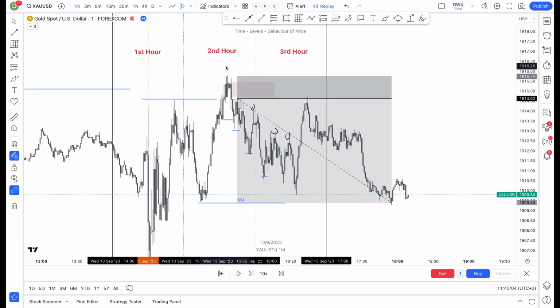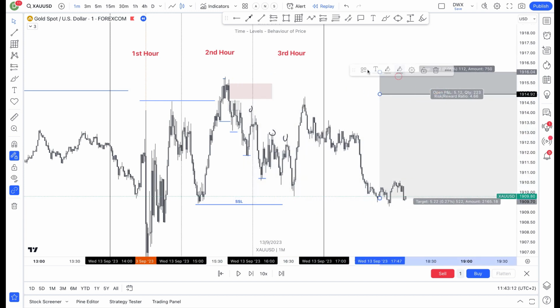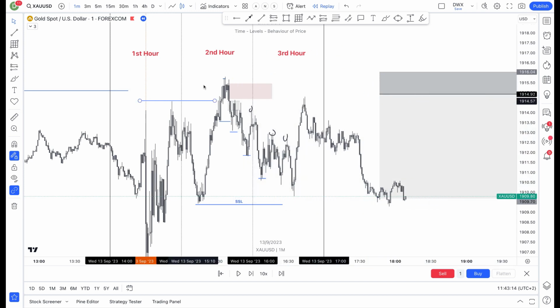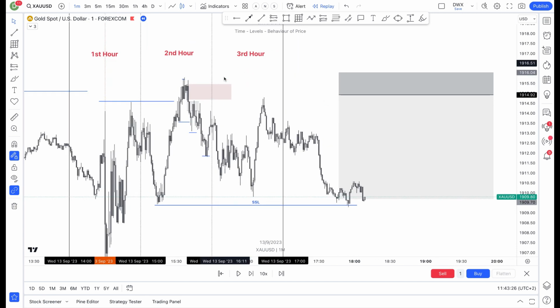If the second hour is not giving us enough information, basing then trades in the third hour based on information from the second hour. So let's have a look at if we did not take the trade in the second hour, rather if we had taken the trade in the third hour. So let's base our trade idea from information in the third hour.